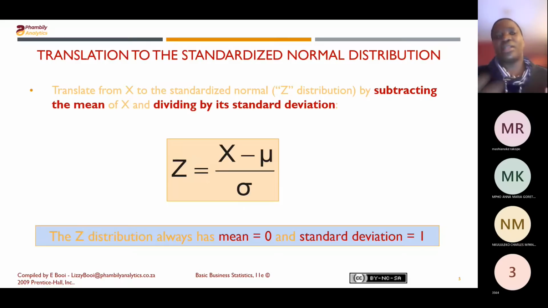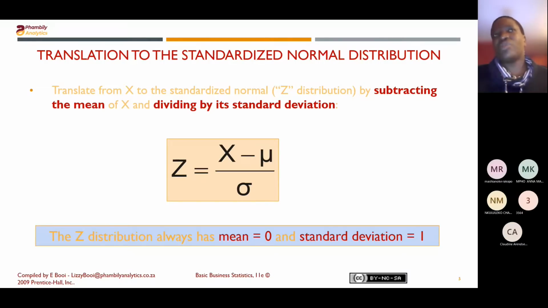We can calculate the standard deviation and see which of the three subjects is performing better than the others. Or we can take the same subject and compare the students, and see who performs better than the others. So you can use the Z-score to do that.